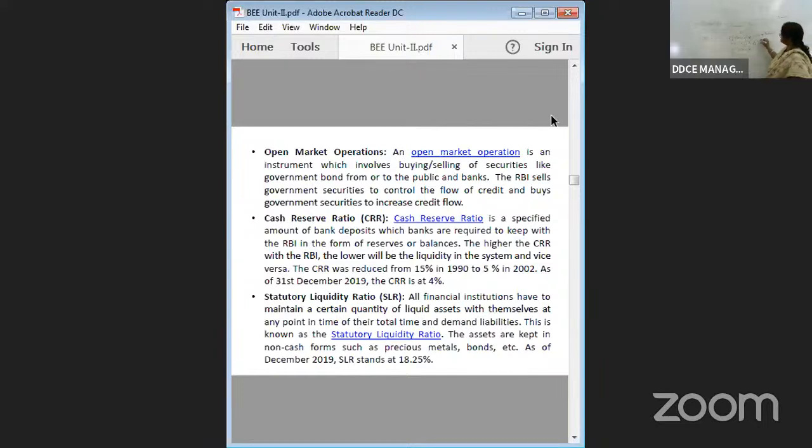This 4% is a permanent drain out to RBI. RBI is not going to return it. It is a permanent drain out. Got it? Now, CRR has always fluctuated between a maximum of 15% and a minimum of 2%.